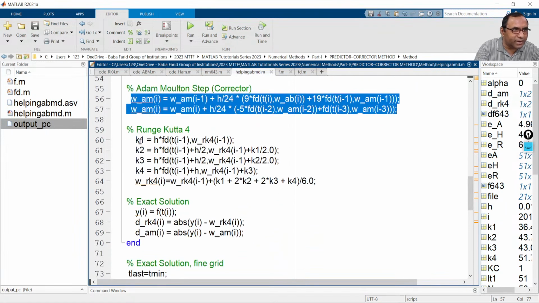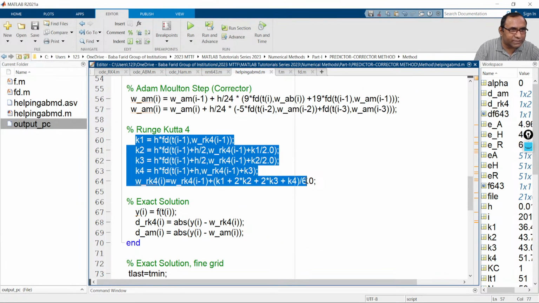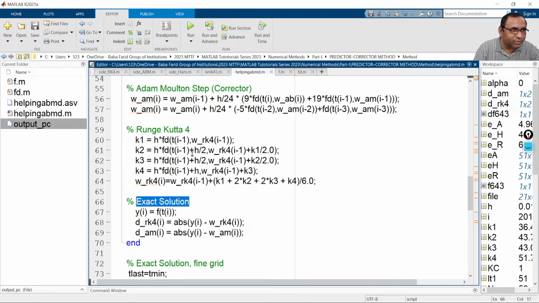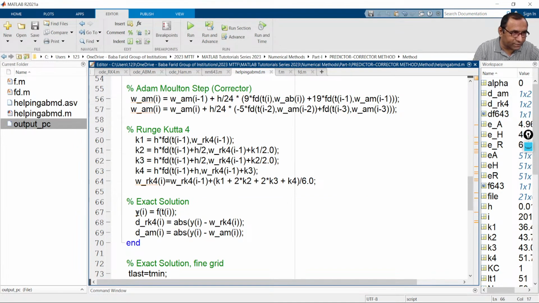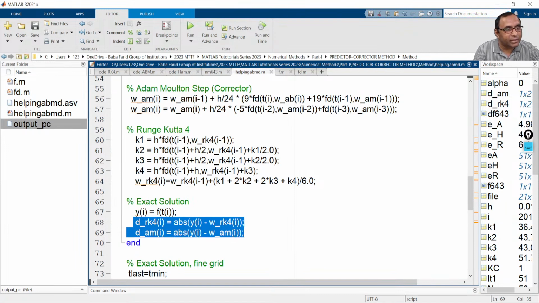Now this is the Rankata method. You can see here for I equal to 5 to the maximum value. And here also we are getting the difference for these values. These are the same equations as we discussed above. The exact solution is given by this equation, and these 2 equations are representing the absolute error.